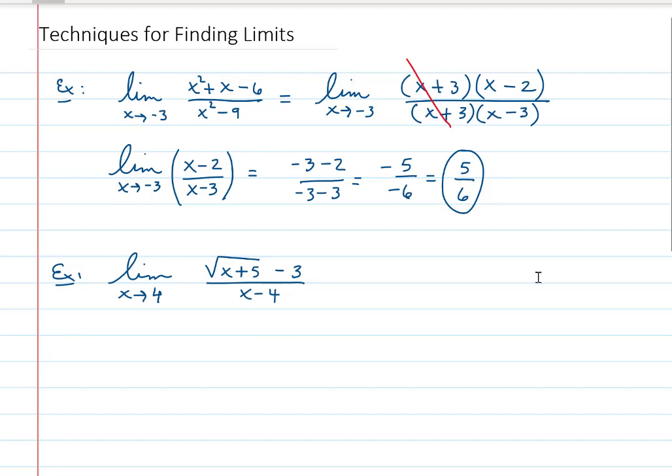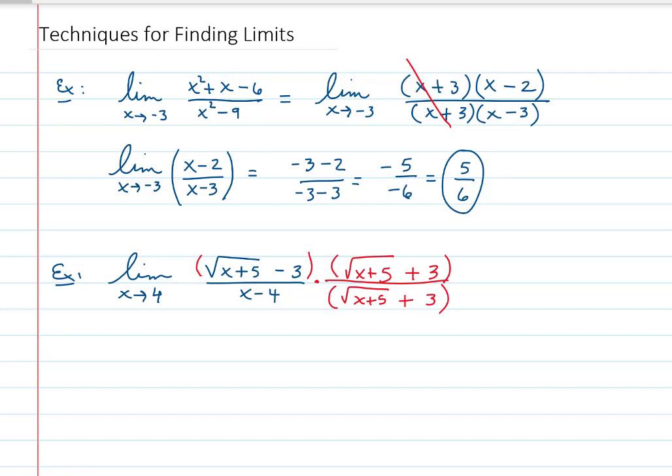Okay, so the idea here is we're going to multiply this function by square root of x plus 5, and instead of minus, it's going to be plus. We're going to use this conjugate idea that we had in algebra when we were dealing with complex numbers. But this is the idea of rationalization, and we're going to do the same thing on the bottom.